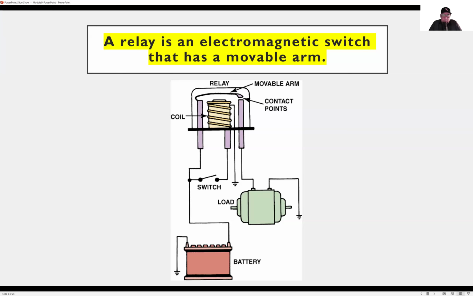If we do that with thousands or millions of cars that are built, the manufacturer is going to lose a lot of money. So it's more cost effective and better designed to use a relay instead. And this is just a drawing of a relay and how it could be wired. Take a moment to look at that if you like.